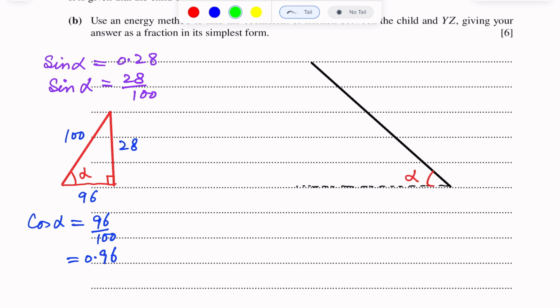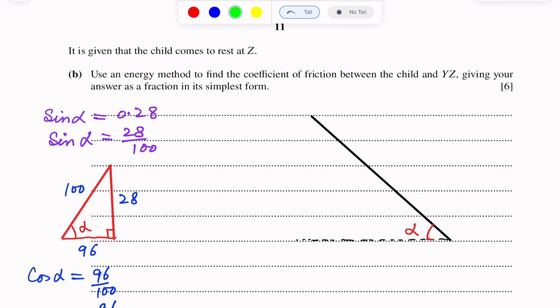And the child is at point y. This is the child. The weight of the child, mg, will be acting vertically downward. We resolve it and find two components, one along the plane and the other perpendicular to the plane.